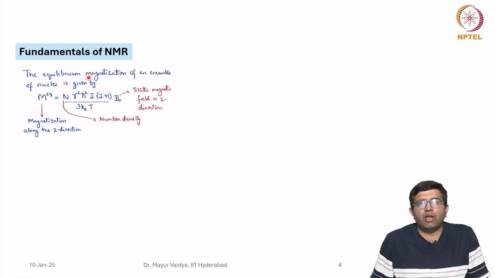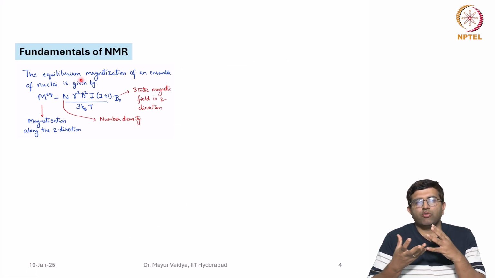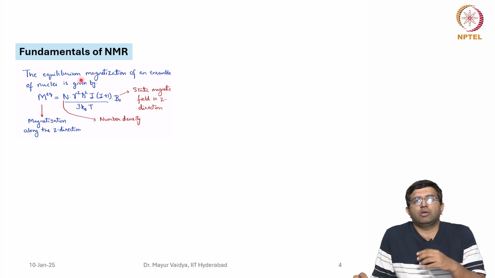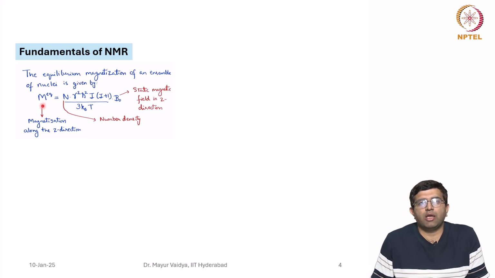So when you have an ensemble of nuclei, the equilibrium magnetization is given by the expression M naught equal to N into gamma square h bar square I into (I plus 1) divided by 3 kBT, into B naught, where B naught is the static magnetic field in the z direction.